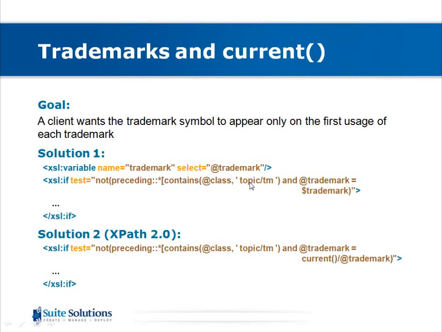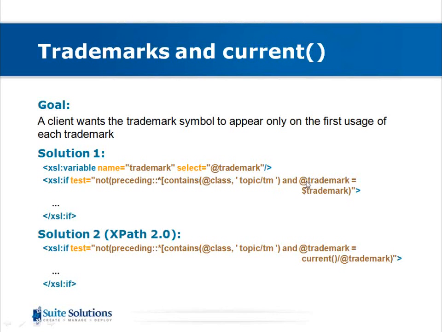whose class contains the text topic/TM, i.e. it is a TM element, but again we're checking using this contains method, and the trademark attribute of that element is equal to this variable that we previously set, which is the trademark attribute of our current element. We had to set this variable from our current trademark attribute because once we're inside the predicate, we're looking not at our current node, but rather at the node that we're examining in the predicate, the ones that are caught by this asterisk over here.